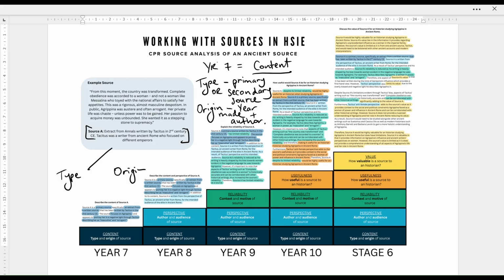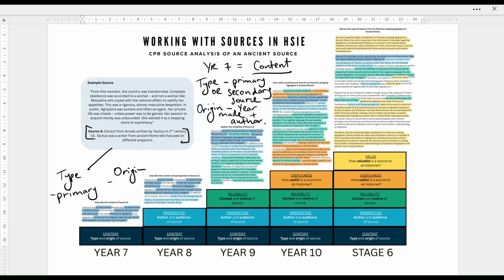The fact that this is saying it's an extract, so it's a little section of writing from a writer called Tacitus in the 2nd century CE, which is considered ancient times, and he writes about ancient Rome. That makes this source a primary source because it is a source that was created during the event or time that it is written about. So type, we have primary.